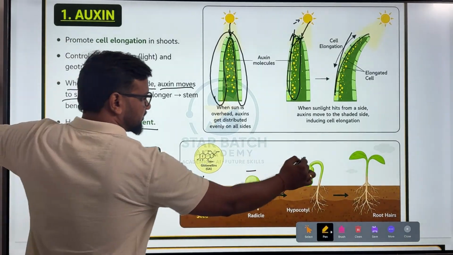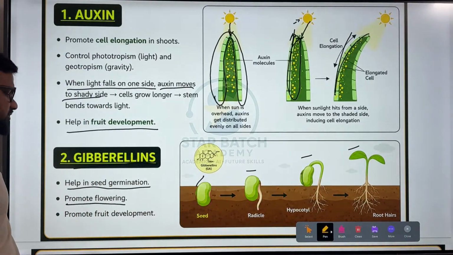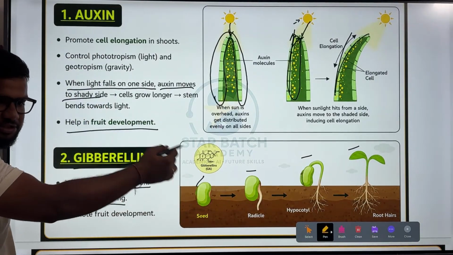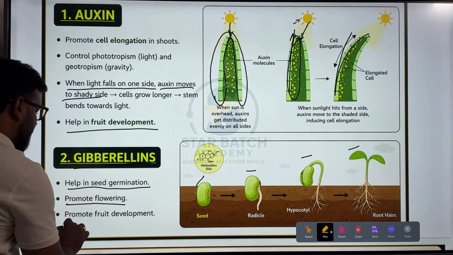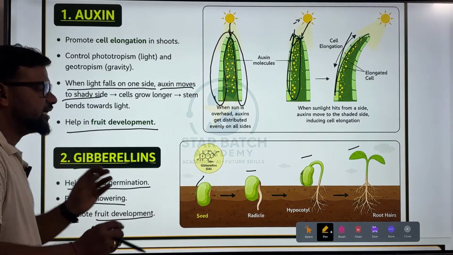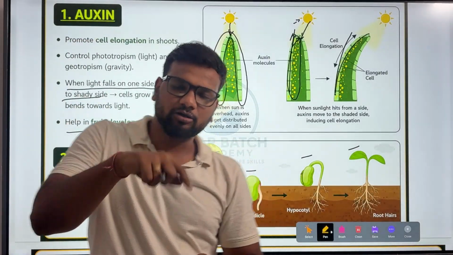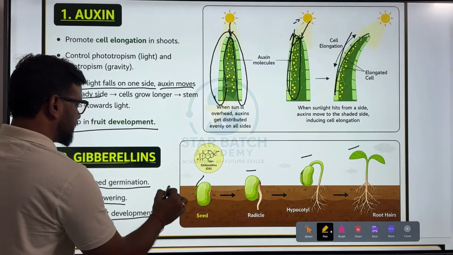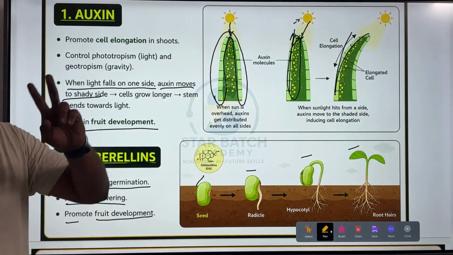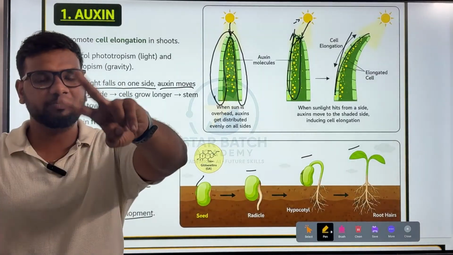Growth, helping in germination and helping in flowering, and it promotes fruit development. After the flowering, it also helps in the development of the fruit. Okay, so these are the types of development which we have seen.